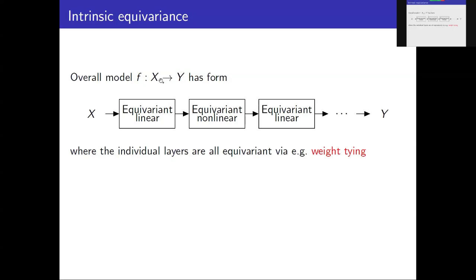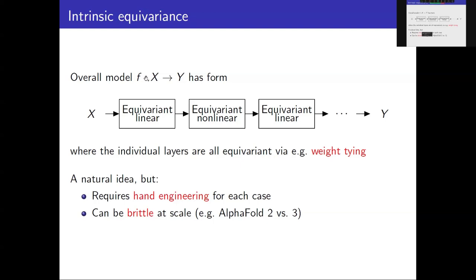You define a set of equivariant linear layers, say if you're using a neural net model, and a collection of equivariant nonlinear layers, and you take your overall model to be a big composition of these small primitive equivariant components. You can check that equivariance is preserved under composition, so the model that you build this way will necessarily be equivariant as a result.